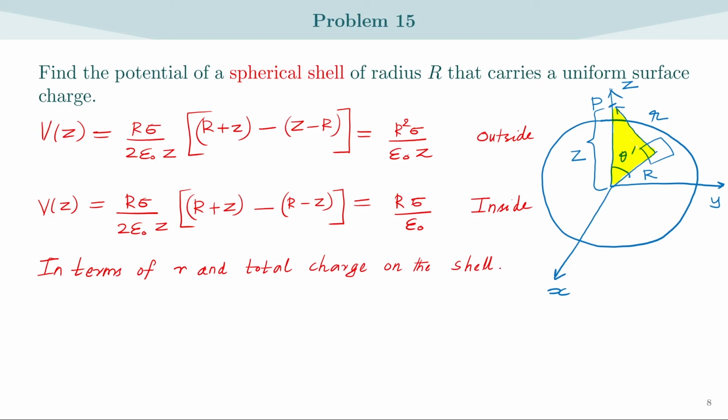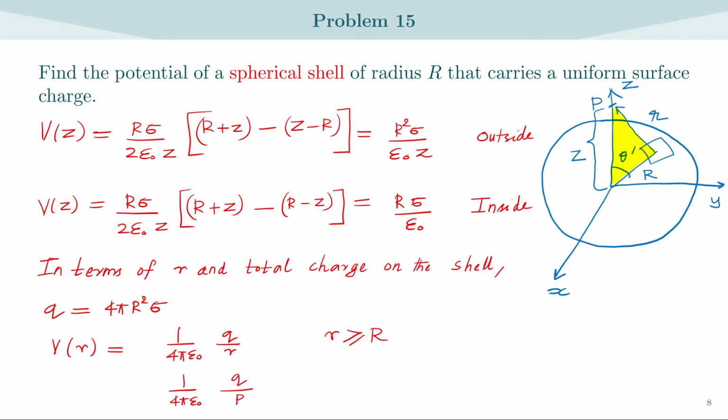Now, in terms of R, the total charge on the shell Q can be written as 4πR²σ. Therefore, the potential can be written as 1 over 4πε₀ Q over z for points outside the sphere, and 1 over 4πε₀ Q over R for points inside the sphere.